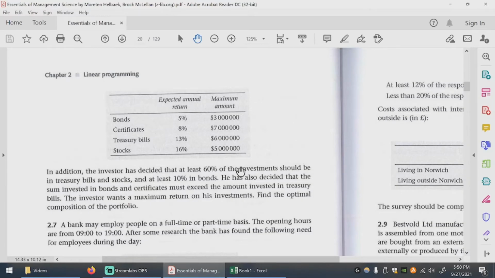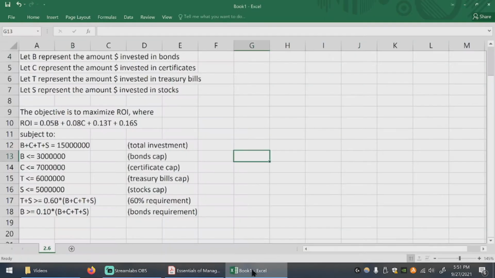We keep going. It was also decided that the sum invested in bonds and certificates must exceed the amount invested in treasury bills. So bonds and certificates must exceed the treasury bills. What do we call this?